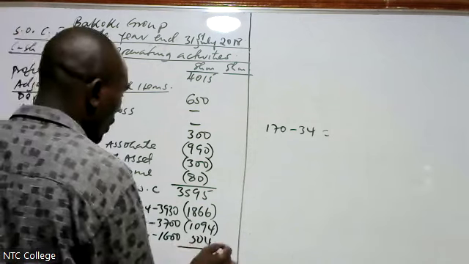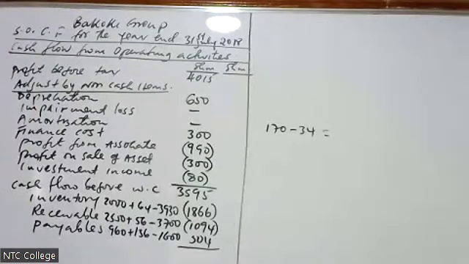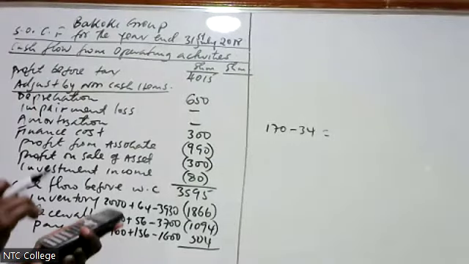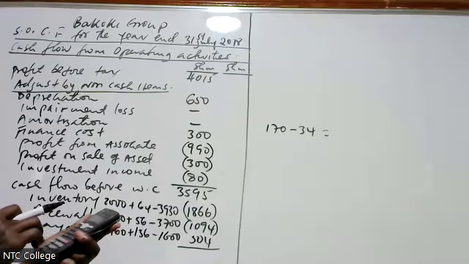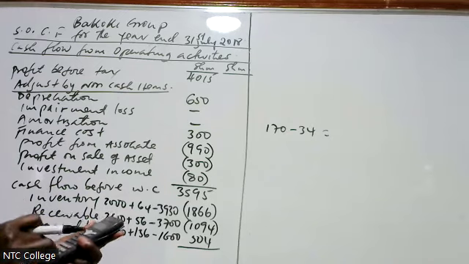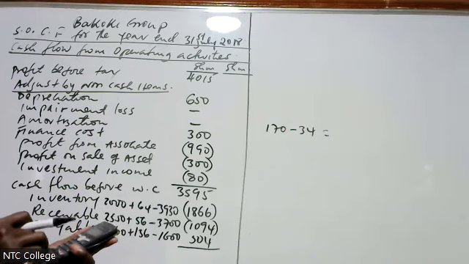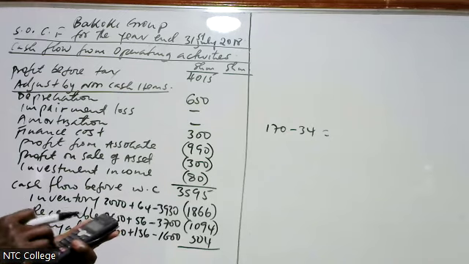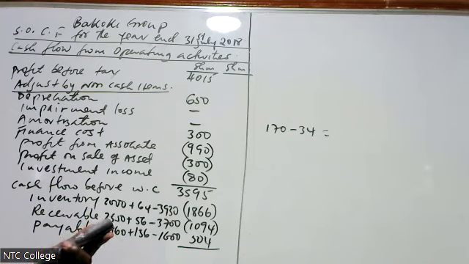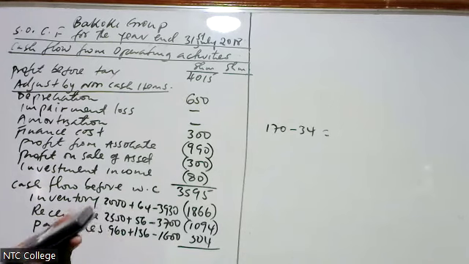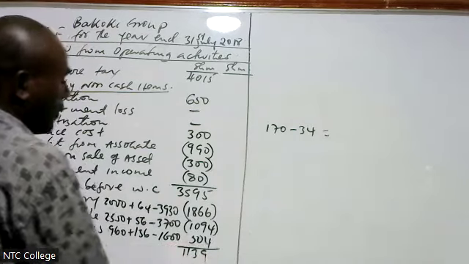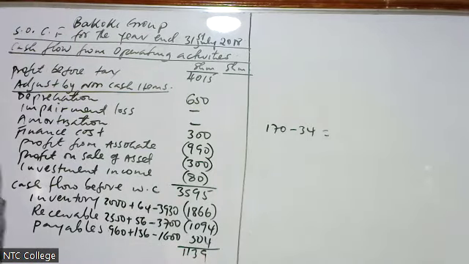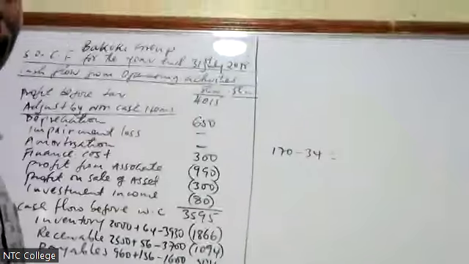Then we get our total after working capital, which is 3595 minus 1866 minus 1094 plus 544. Mwalimu is getting 1139. 1139 there.